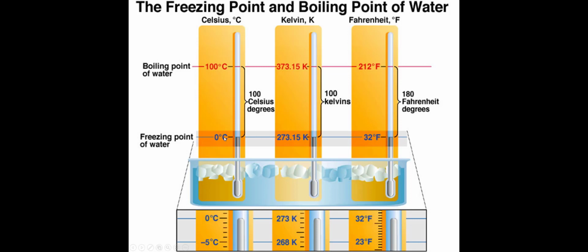As I said a second ago, 0 degrees Celsius, 273.15 Kelvin are the same temperature. It takes 100 degrees in either of these temperatures to increase to the boiling point of water, whereas it takes 180 Fahrenheit degrees. And as I said a moment ago, Fahrenheit degrees are smaller than Kelvins or degrees Celsius.